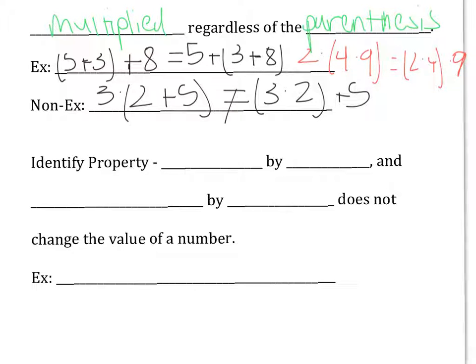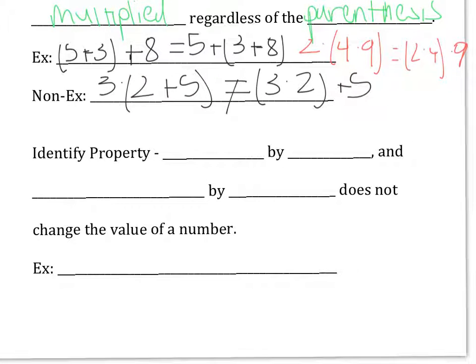So now if we look at the identity property, and that's a typo there, this should say identity, so let's retype that. The identity property means adding by 0 and multiplying by 1.